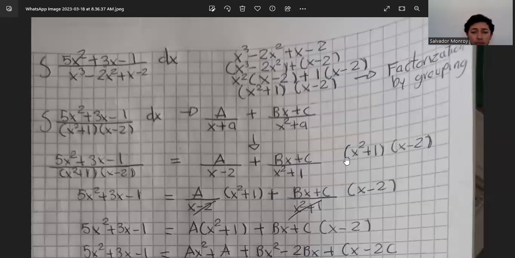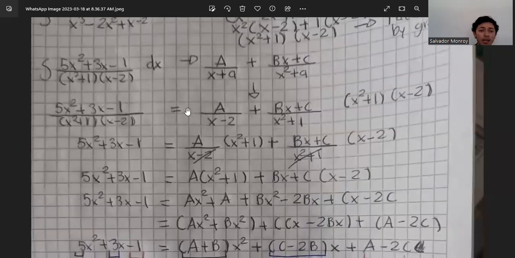So we need to find B and C: Bx plus C. After that, we can write an equation, because the original polynomial fraction is going to be equal to A over x minus 2 plus Bx plus C over x squared plus 1.